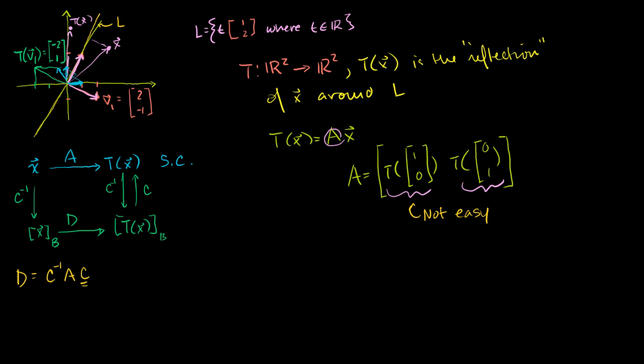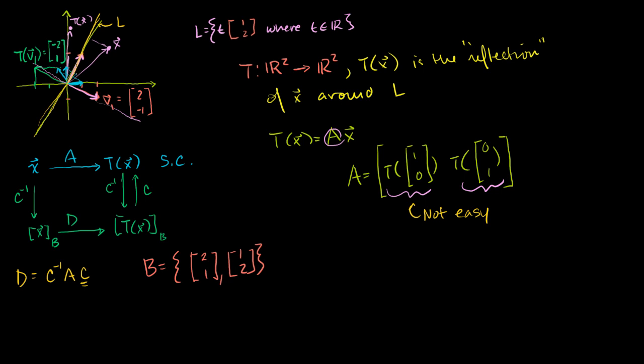But what if we change basis to some new basis? Let's say we define some new basis where our basis vectors are the vectors 2, 1 and 1, 2. So you can almost view that our new horizontal axis, obviously it's not horizontal, but if you want to think of it this way, is going to be like that. And our new vertical axis is like this.